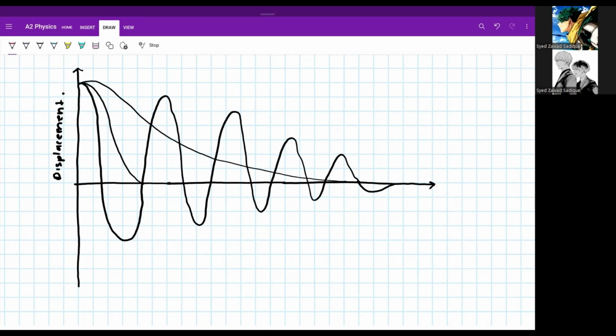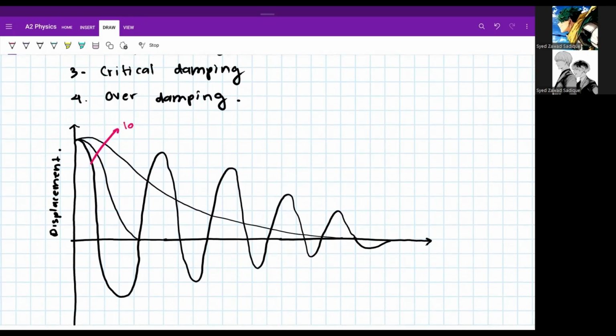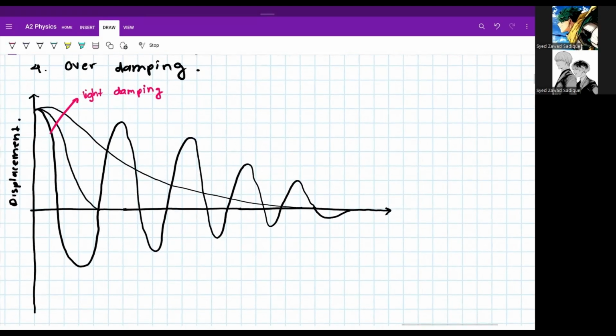So this one is light damping. This is critical damping. This is over damping, or sometimes also called heavy damping.